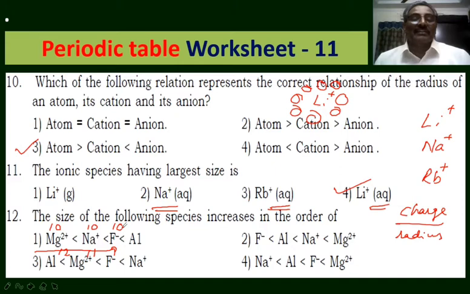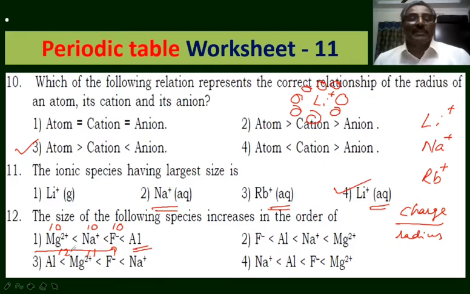In the case of isoelectronic ions, if the nuclear charge is less, the effective nuclear charge is less. Because of that, size is more. So Mg2+ ion is smaller than Na+ ion, which is smaller than F- ion, which is also smaller than the aluminum atom.